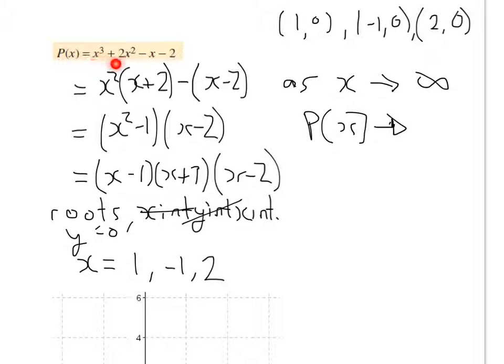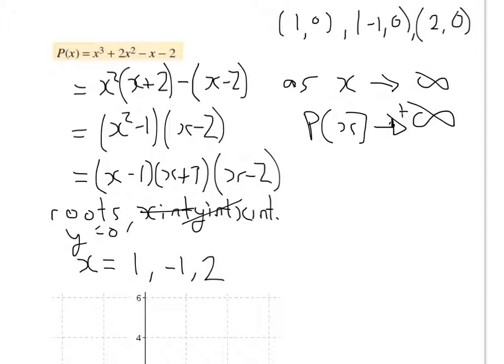We look at this equation. This is the largest part, so this is what we're really focusing on. X cubed, as x gets bigger, x cubed gets bigger, and that's what matters. So p of x also approaches infinity.